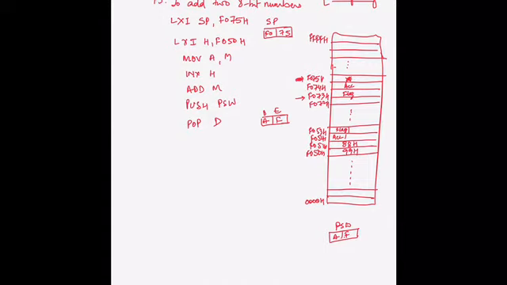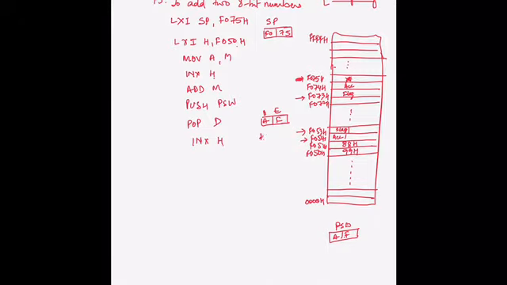Now I wanted to put this data into my F052 and F053. So what I'll do is, I'll increment my HL, because the previous increment was here, this is F050. If I increment here, it becomes F051.